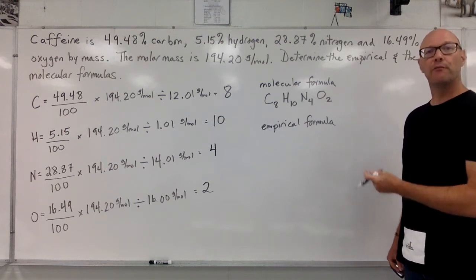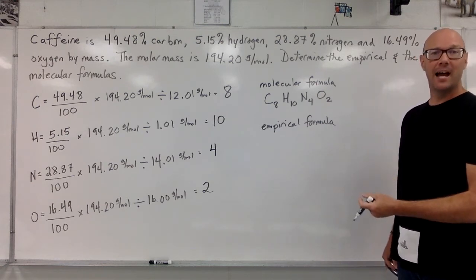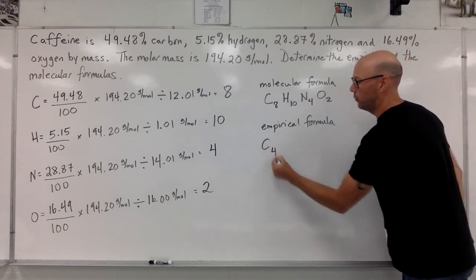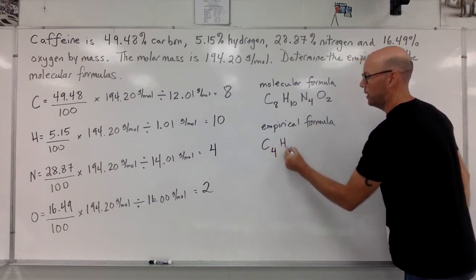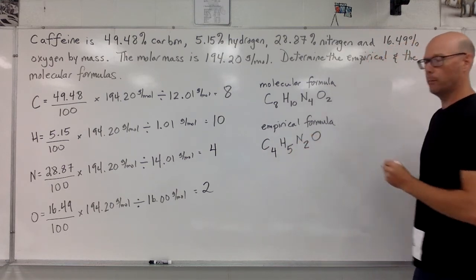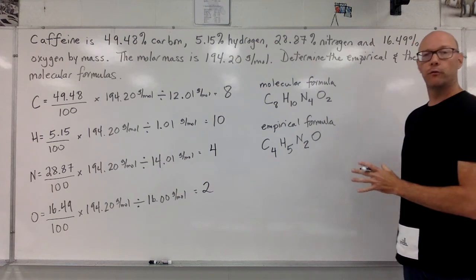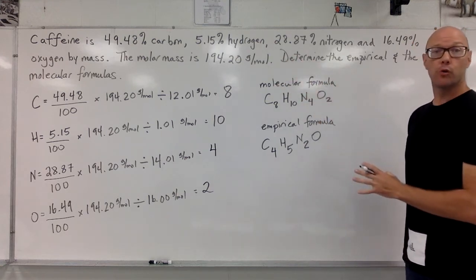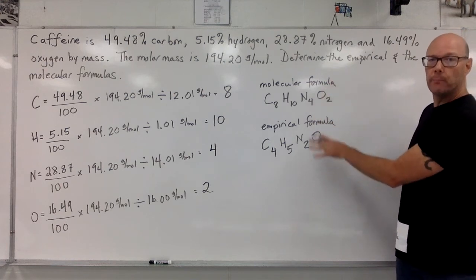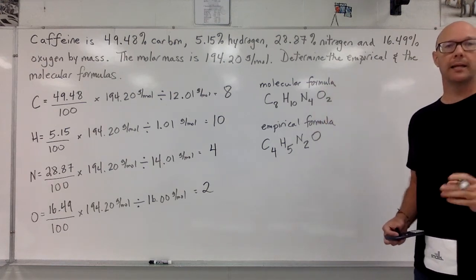We can simplify the molecular formula down to the empirical formula. It becomes C4, H5, N2O. The empirical formula does not have a strong relationship with the molar mass. It does have a whole number relationship with the molecular formula.